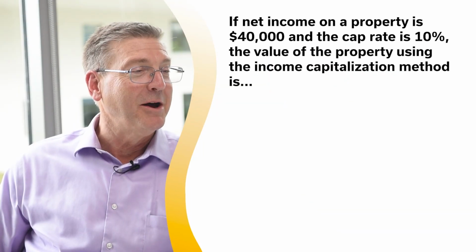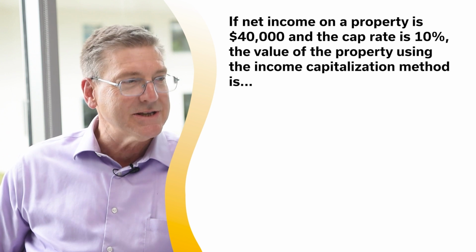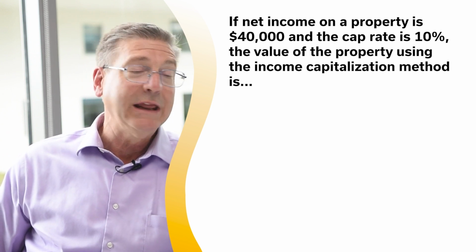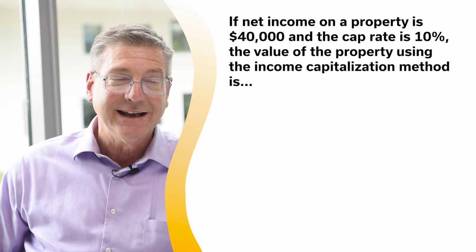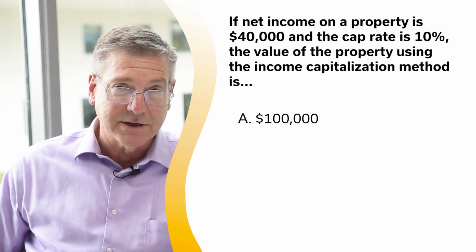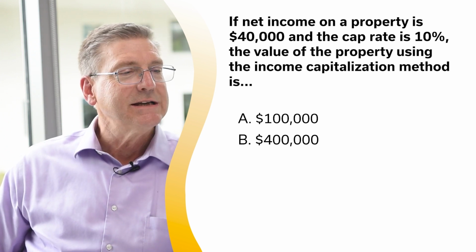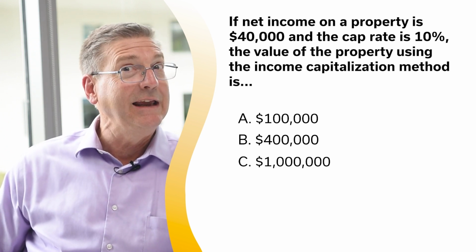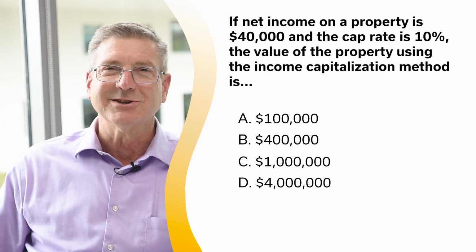If net income on a property is $40,000 and the cap rate is 10%, the value of the property using the income capitalization method is A, $100,000, B, $400,000, C, $1 million, or D, $4 million.